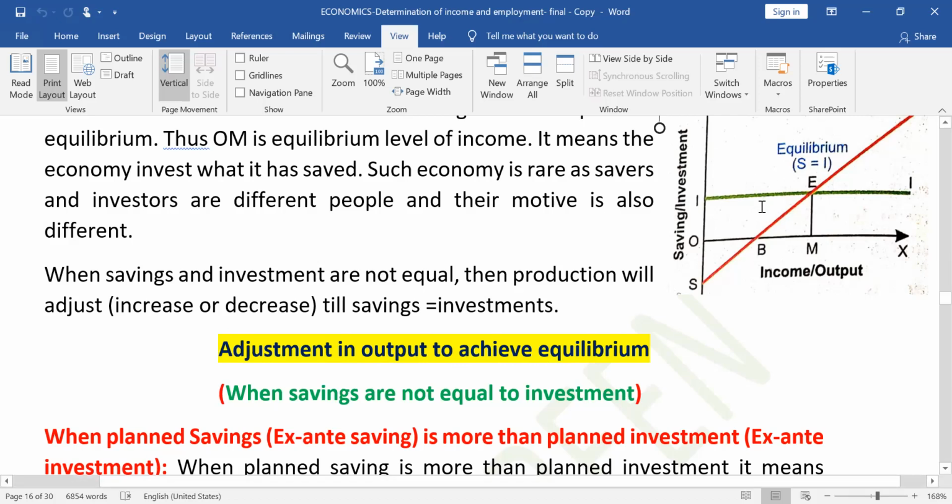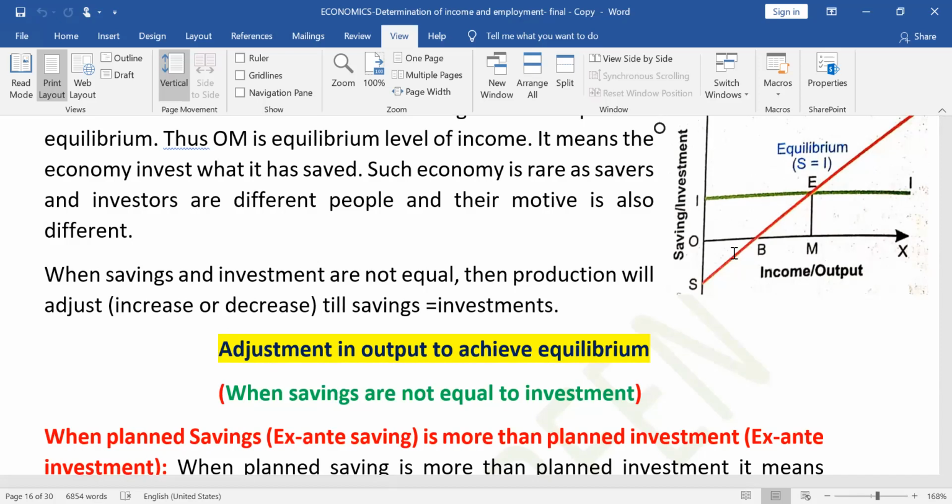This will induce the producers to produce more. So they will employ more people, and when they employ more people, income will increase, employment will increase, output will increase. Whenever aggregate demand is more, the producers will get more profit, so they will be induced to produce more.